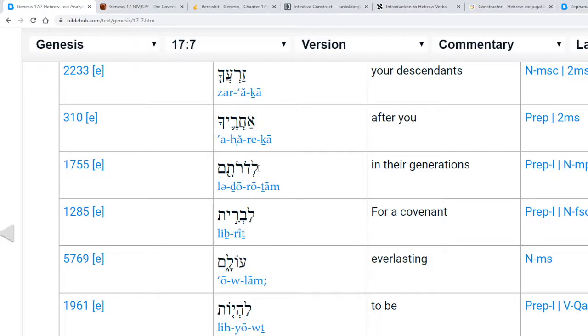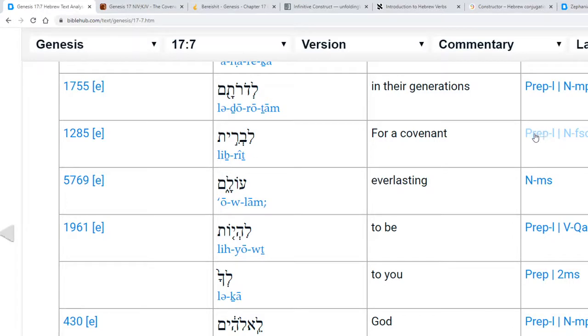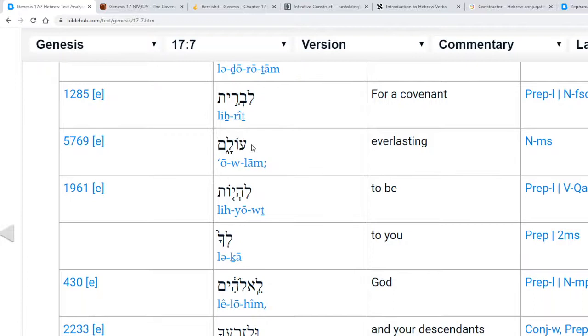So, prepositional lamed, dor means generation, dorot means generations, dorotam means their generations. Third person masculine plural. Livrit, again, prepositional lamed, brit meaning covenant. So as a covenant, olam. Olam literally means world. Oftentimes, as in here, everlasting, forever. It is spelled fully, as always, as usual, with that vav.